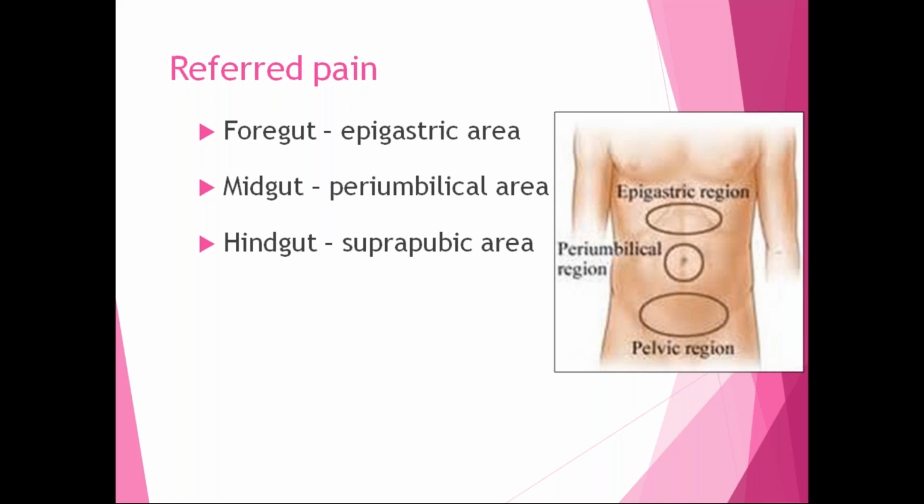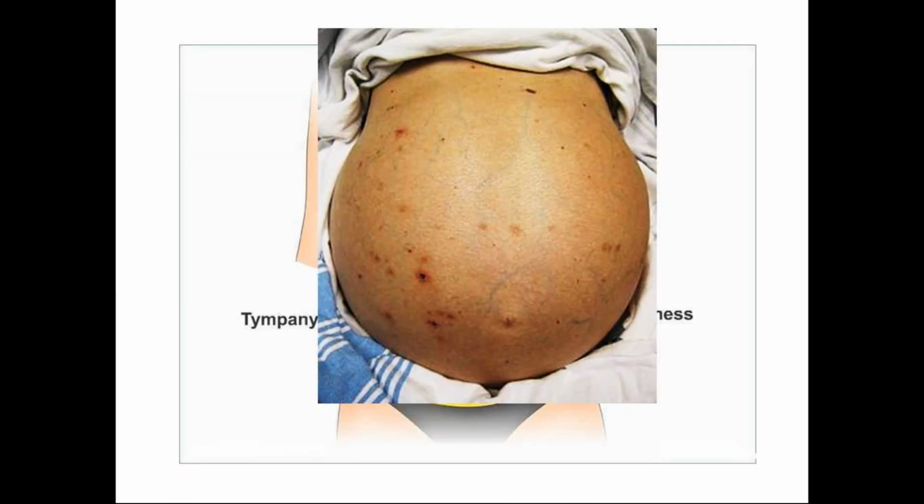Yes, the umbilicus is supplied by the T10 segment of the spinal cord, and the same segment supplies the appendix, so you see the referred pain in the periumbilical area. Initially it will be localized around the right inguinal region, but the referred pain will be seen around the umbilicus.